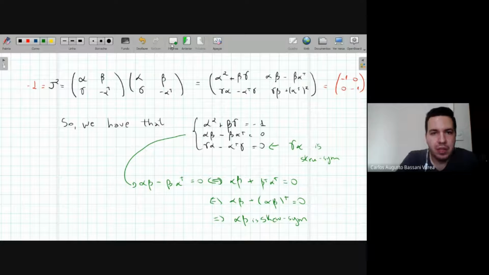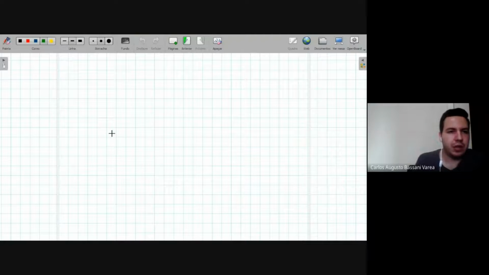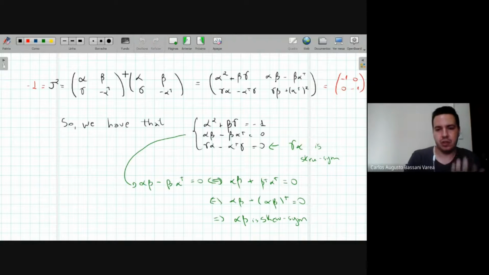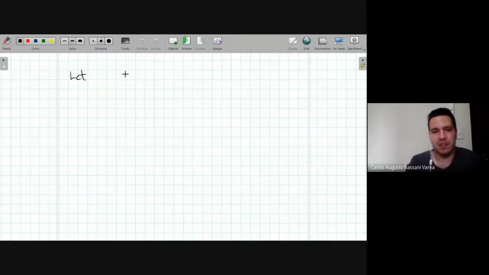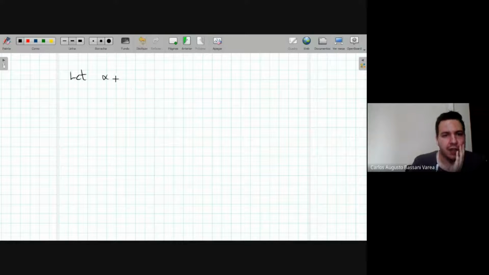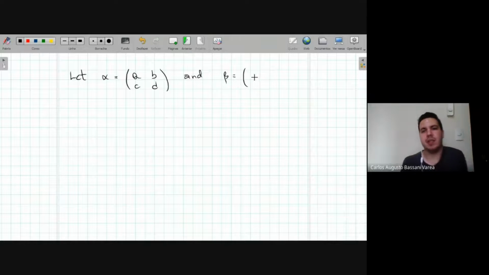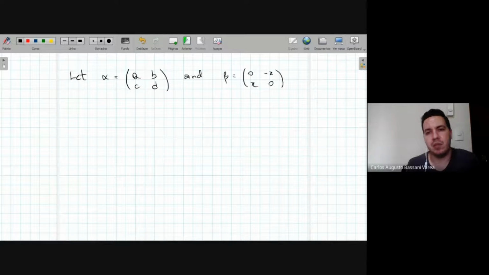Okay, but let's look at what we obtain from the expression of alpha beta. Alpha is any matrix of order 2, so it's A, B, C, D. And beta, we already know, is a skew symmetric matrix, so it's a matrix of this type here.